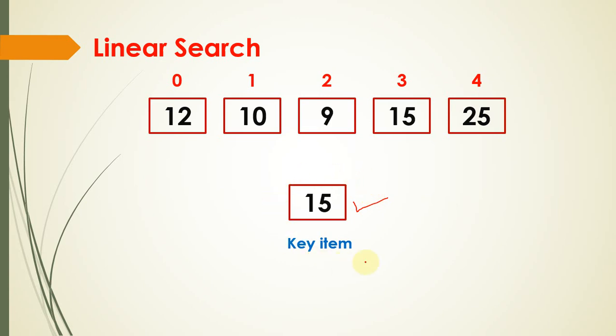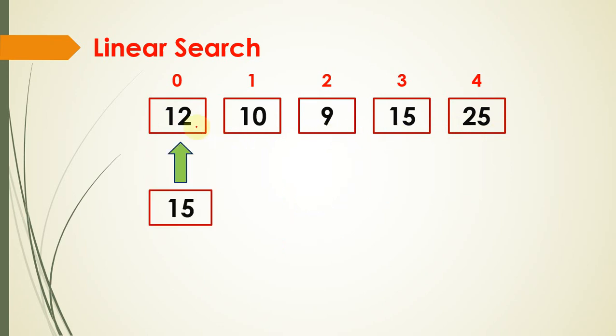Say this is the search item or the key item, and these are the elements stored in the array or any list. According to the linear or sequential search, the search item will be compared from the first element to the last, sequentially, linearly. The first element is 12, its index value is 0.